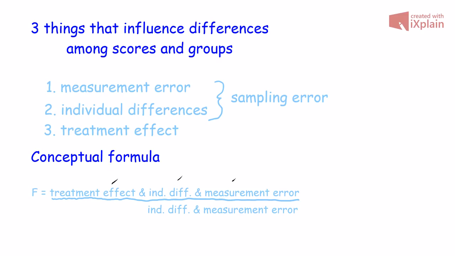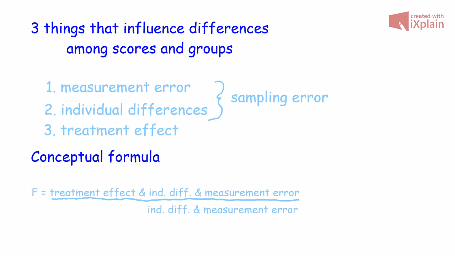The problem is we don't know how much of that one number is due to any one of those factors. So if the number on top is 10, we don't know how much of that 10 is created by the treatment effect, the stuff we care about, or individual differences and measurement error, the stuff we don't really care about.